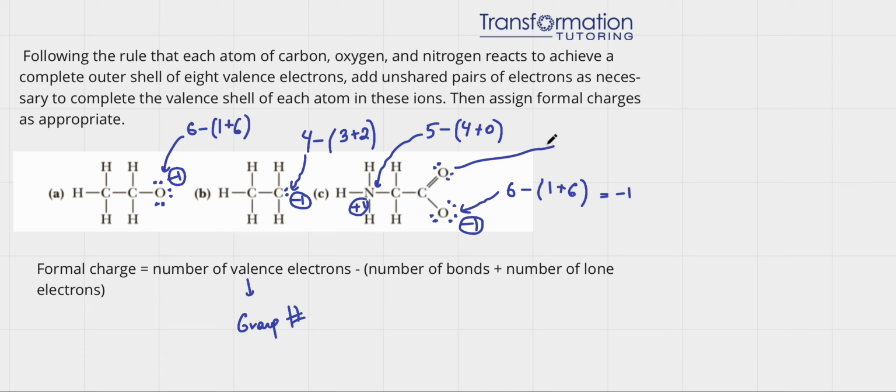What about this oxygen? Again, it's an oxygen, it's in group 6, so it has 6 valence electrons minus, how many bonds does it have? 2 bonds plus, how many electrons does it have? 4. 6 minus 6 is 0. We do not show 0, so this has no formal charge.